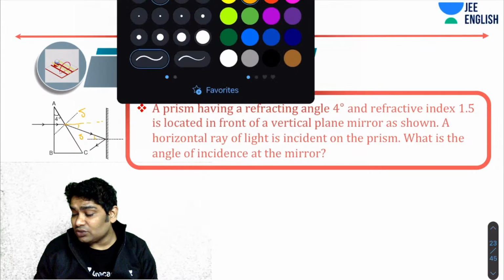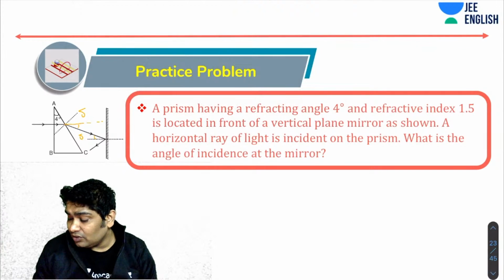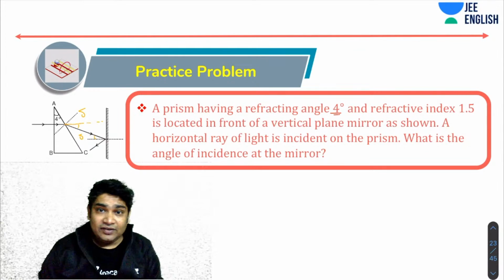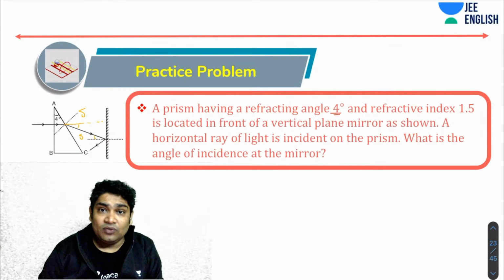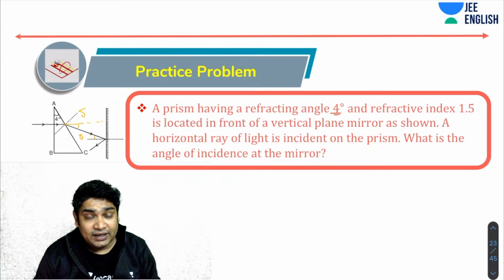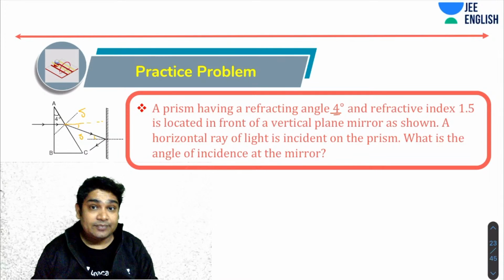So usually for thin prisms, we consider the angle of prism to be anywhere less than 10 degrees for applying small angle approximations. Your theta should be tending to 0 in radians.